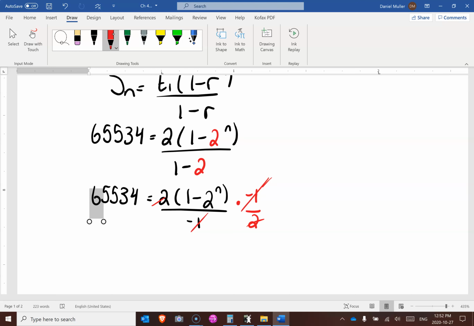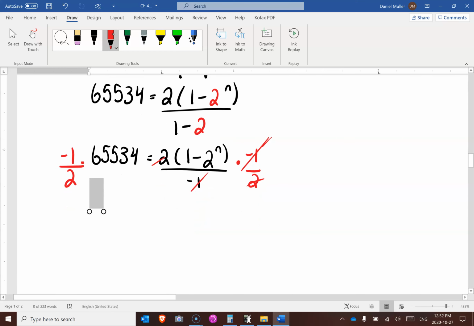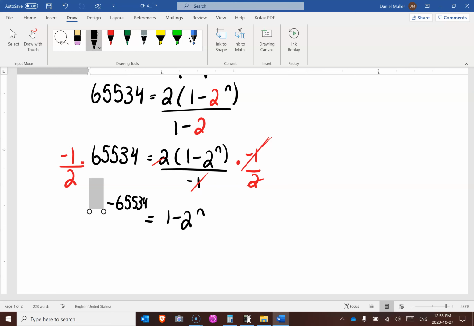So really I'm timesing by a negative 1/2. So multiply by the negative 1, and then divide by the 2. So I'm going to have here equals 1 minus 2 to the n, and on the left I have 65534 times negative 1, and then I have to cut that in half. So I've got negative 65534 divided by 2.